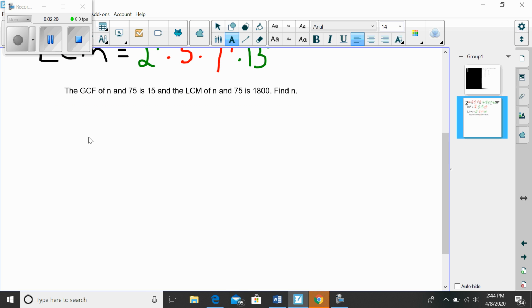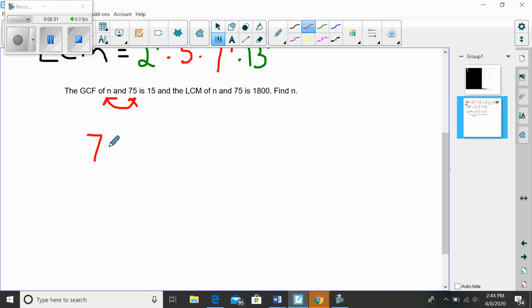Okay, so coming back, we should recognize that the product of any two numbers, right? So if I multiply n and 75, the product of the two numbers is the product of the GCF and the LCM. Okay, so here's the GCF, here's the LCM.